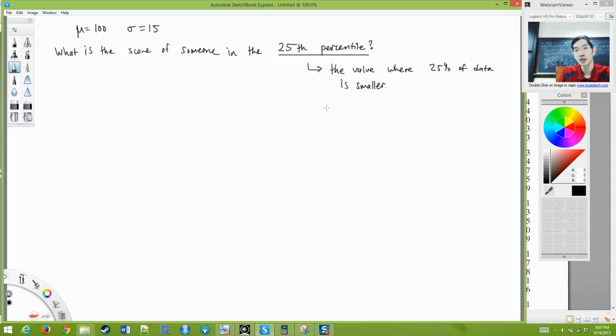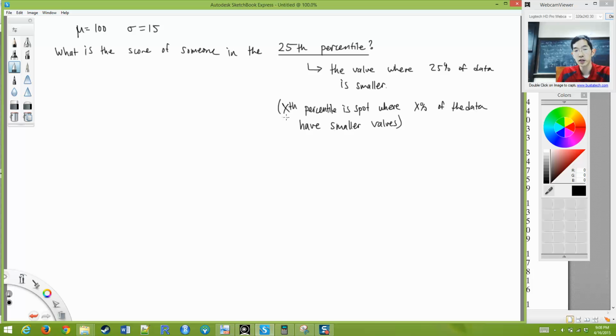So the xth percentile is the spot where x percent of the data is smaller than that value.